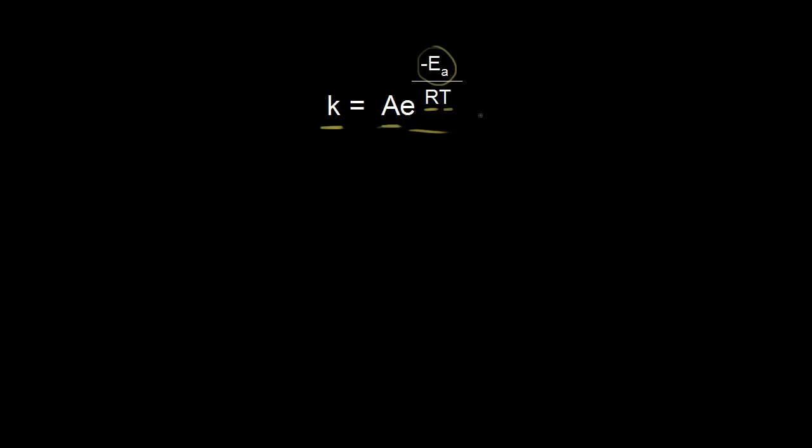And we start by taking the natural log of both sides. So we would get the natural log of k is equal to the natural log of A times e to the negative EA over RT. On the left side, we still have the natural log of k. And on the right side, we can use a log property.